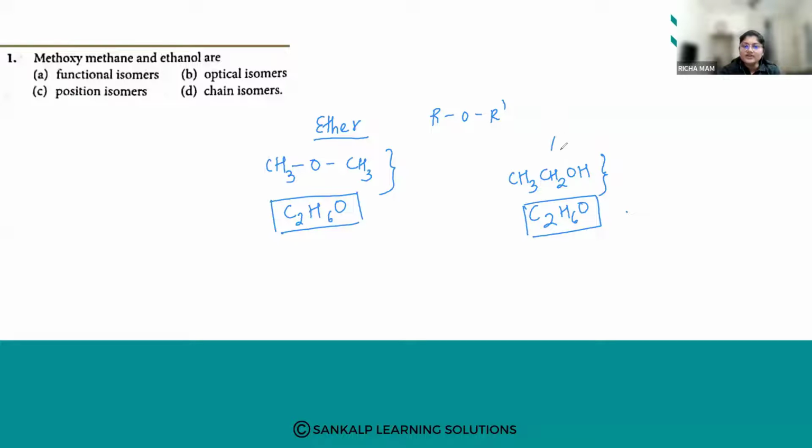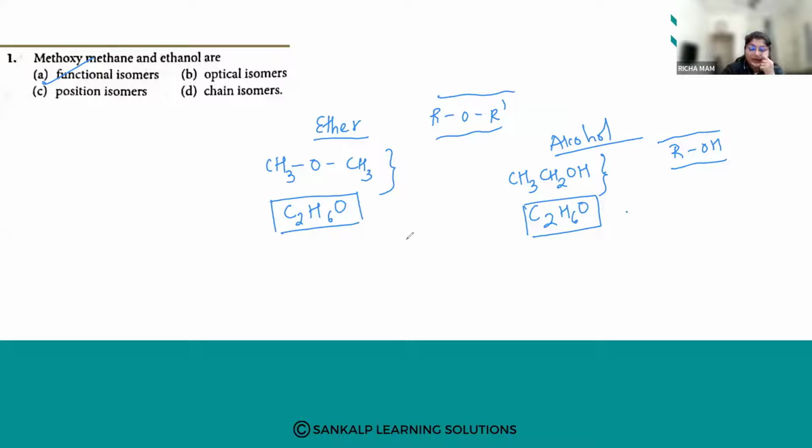This is an alcohol, ROH, and this is an ether. So in both cases the compounds have the same molecular formula but different functional groups. Such types of isomers are called functional isomers.